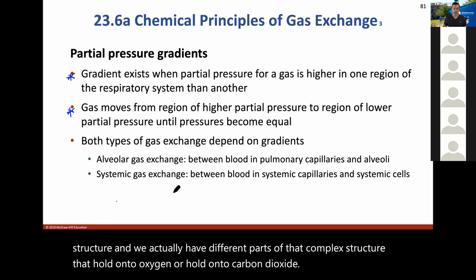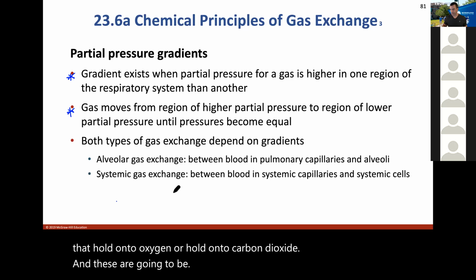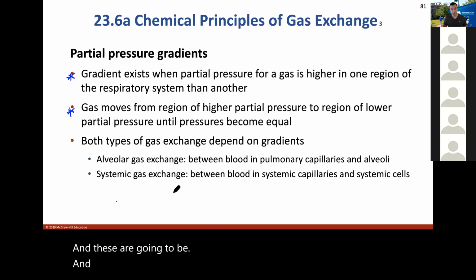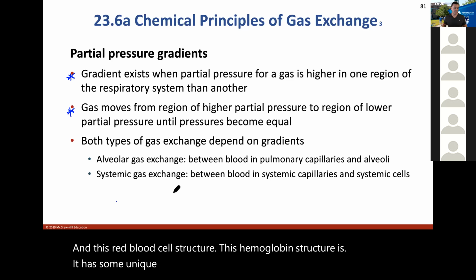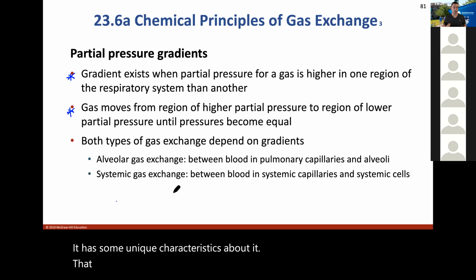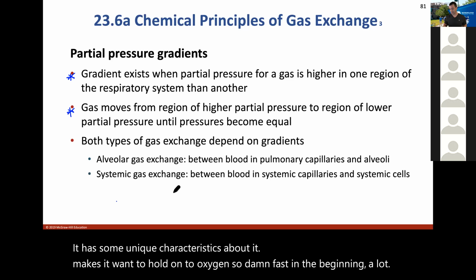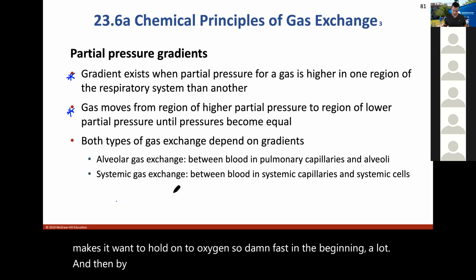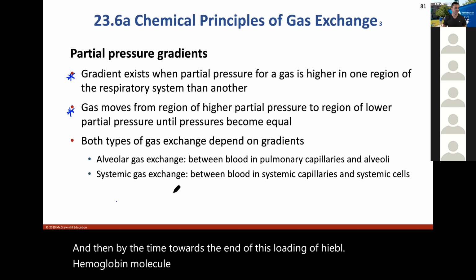And this red blood cell structure, this hemoglobin structure, has some unique characteristics about it that makes it want to hold on to oxygen so fast in the beginning, and a lot. And then by the time towards the end of this loading of the hemoglobin molecule with oxygen, it's like, done, man, done.